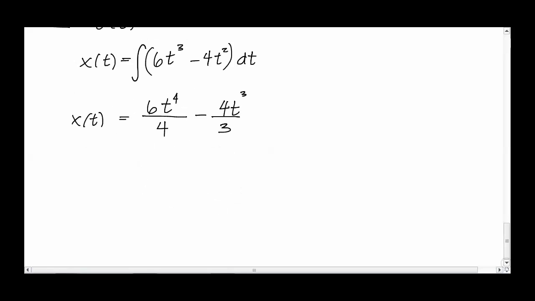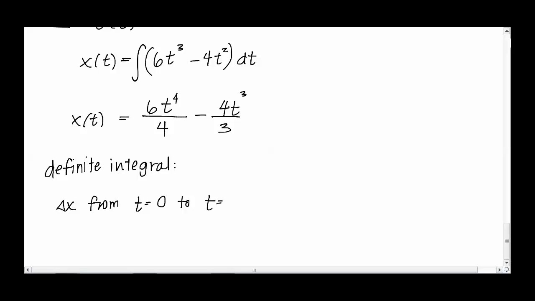Now you could find the exact position of an object by substituting in time. You can find the change in position by substituting in the times and finding the difference in the two answers. And that's called a definite integral. So right now what we found is the change in position from like 0 to 2 seconds.